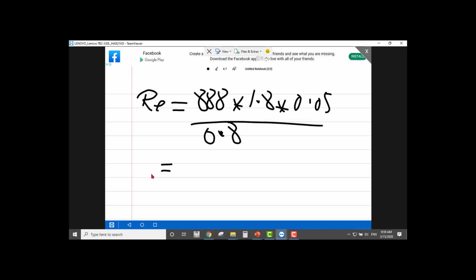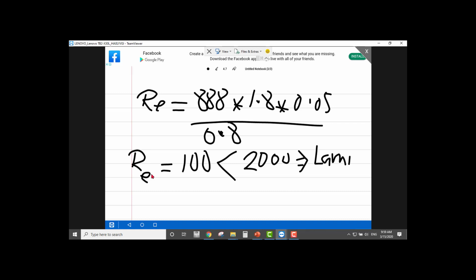And Reynolds number from this equation is equal to 100, which is less than 2000, and the result is laminar.